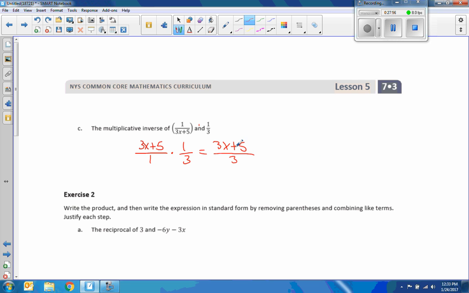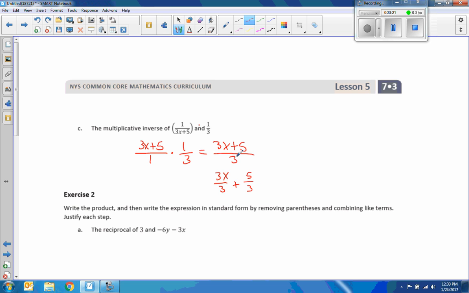Okay, now, since this is 2 terms and this is 1 term in the denominator, I can split those up. I can show this another way after, but what I can do now is say, okay, 3x plus 5 over 3 is the same as saying 3x over 3 plus 5 over 3.